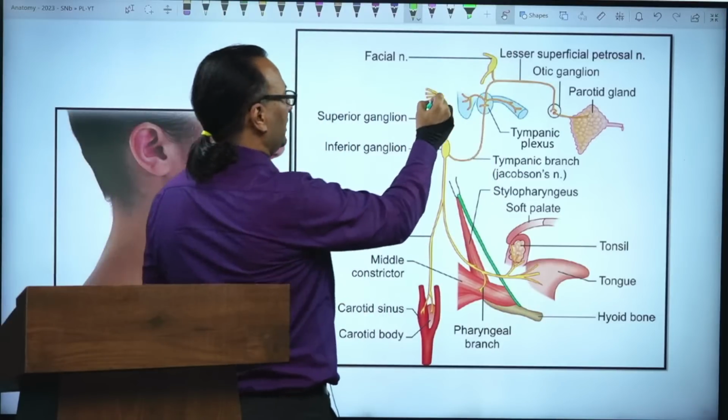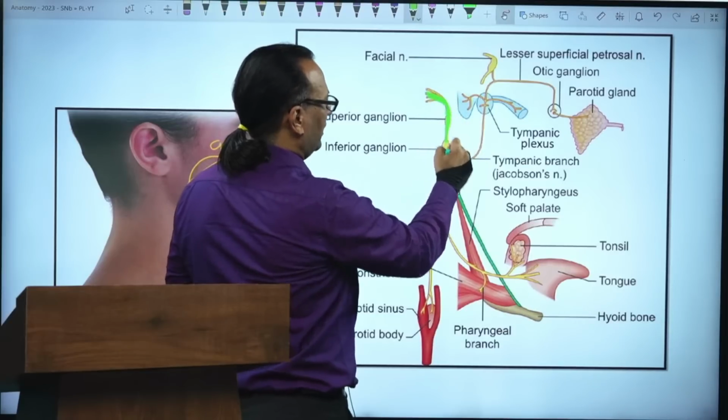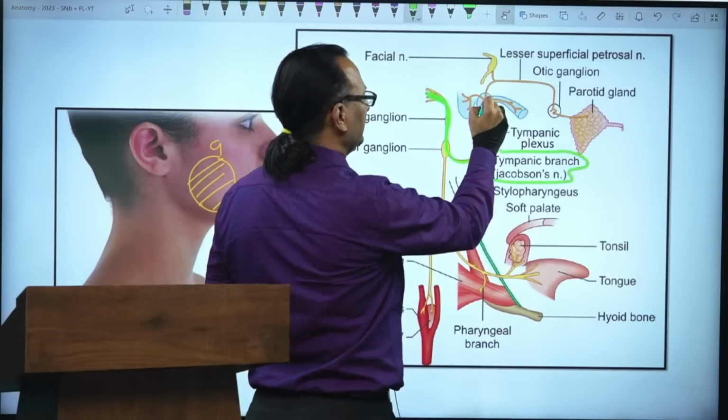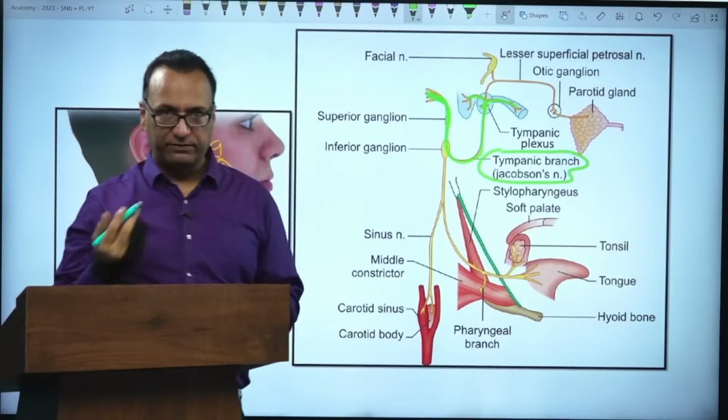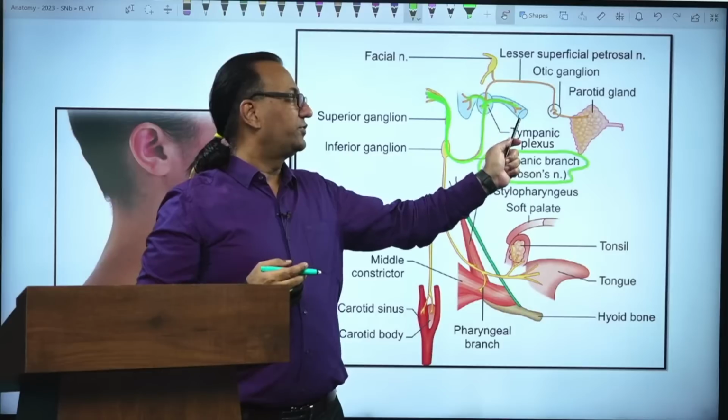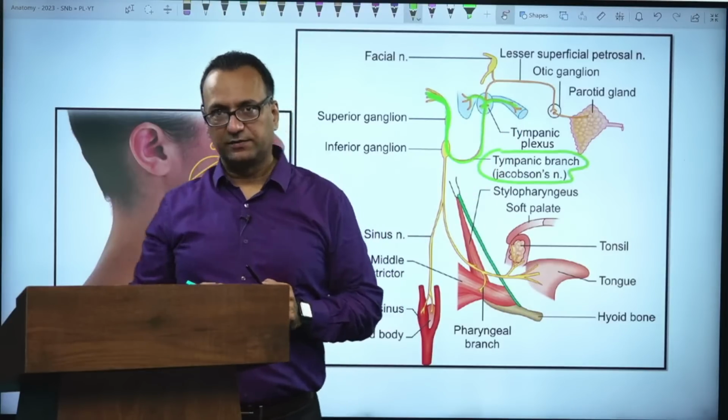First of all, the 9th nerve will send a tympanic branch into the middle ear cavity and supply not only the middle ear cavity by the tympanic plexus, it will also supply the eustachian tube and mastoid air cells.